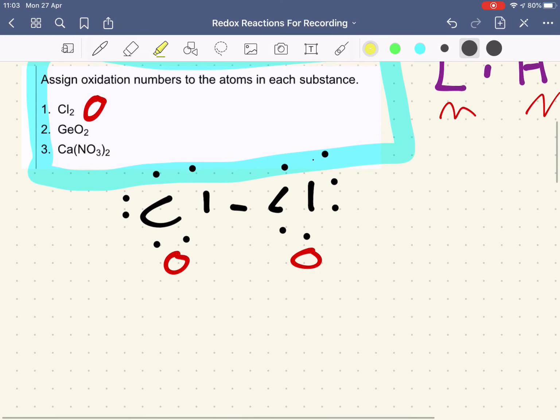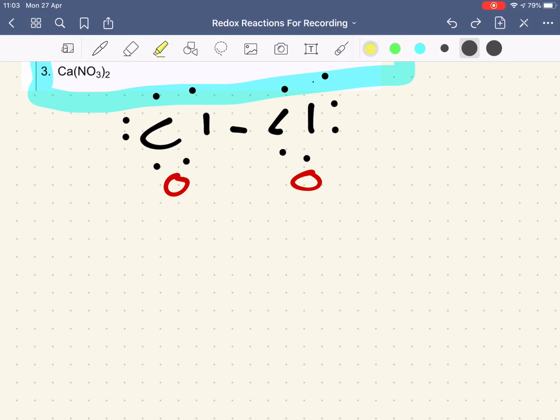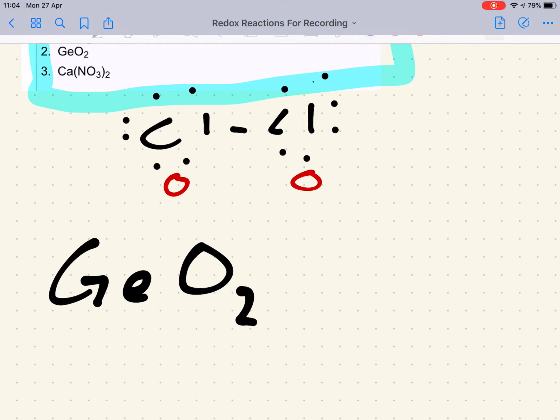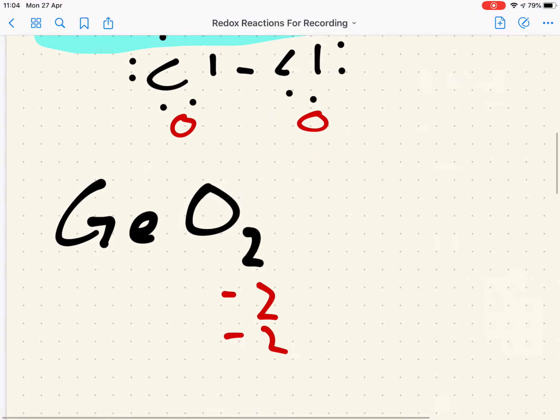Let's write this thing out here. So this is GeO2. Oxygen always gets, or almost always gets, a -2. Keep in mind that there are 2 oxygens present here, so we have to have both of those on there.